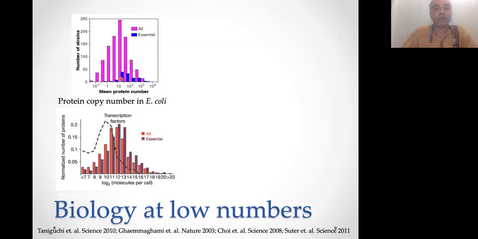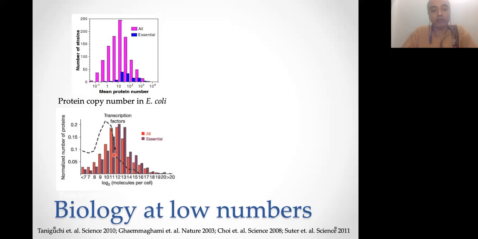So many of these proteins are not being studied because you don't have methods to study them. If you overexpress them, then it's not the natural phenotype. So most of the time, these are not being studied. If you had a way to image them at the single molecule level, then you would be able to do this experiment. So that's why half of the biology is still hidden, because you don't use single molecule methods.